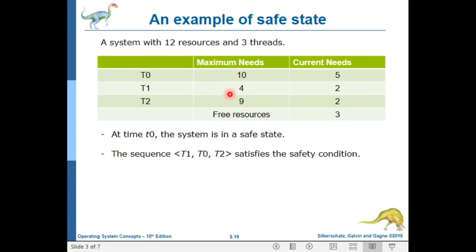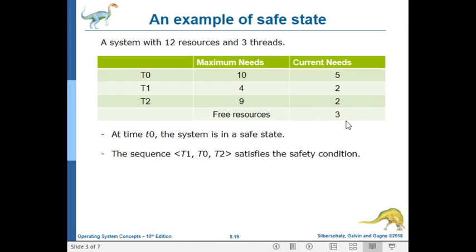Remember, we need 3 types of additional information: the maximum needs of resources, the resources that have been allocated for each thread, and the currently available resources, also known as free resources. In this scenario, we have 3 currently available resources.